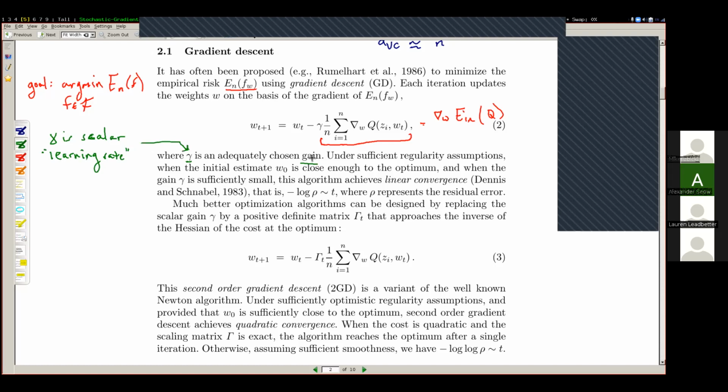But everybody in the data mining machine learning world knows that learning rate is the same as the gain, also called the step size. So it's this gamma value right here. It's what we're scaling our gradient by in order to do our step each time.